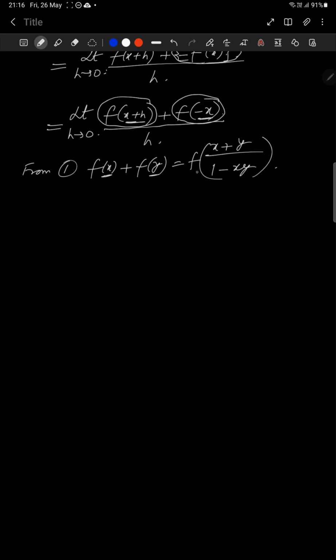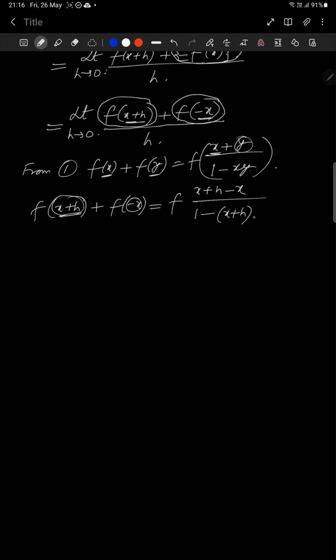So let us put in place of this: f(x + h) + f(-x) can be written equal to f, in place of x we write x + h, and in place of y we write -x, and in the denominator we are left with 1 - (x + h)(-x), so that this becomes into x.